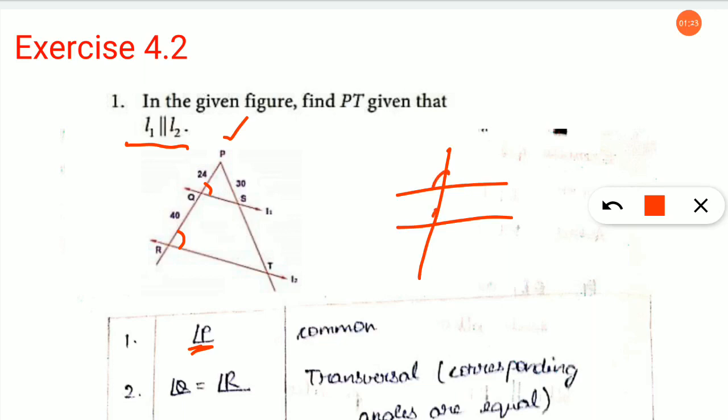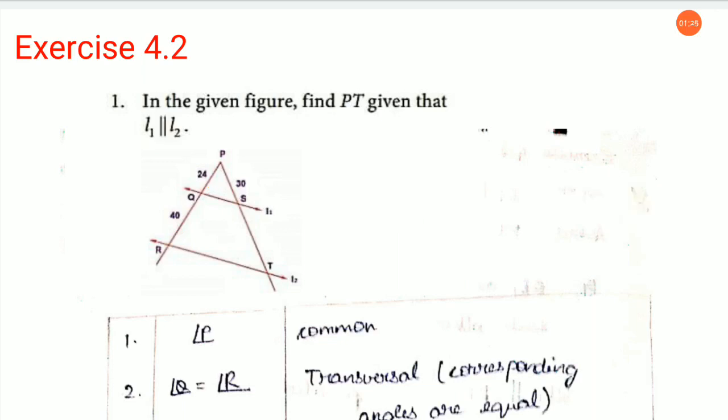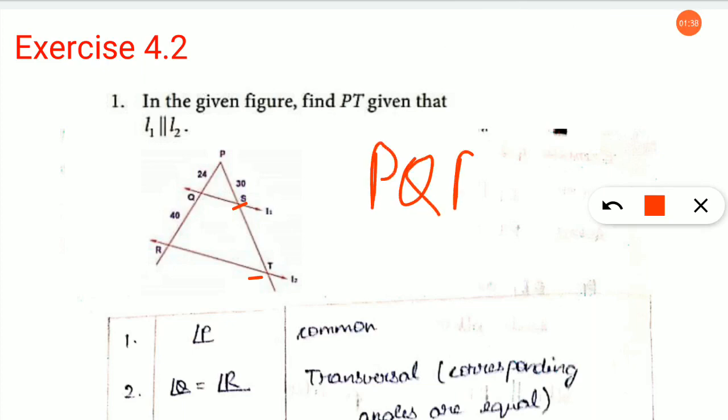Is it true? Now in the same way, if angle Q and angle R are equal, then angle S and angle T will also be equal. Now can we say that triangle PQS is similar to triangle PRT by which rule?